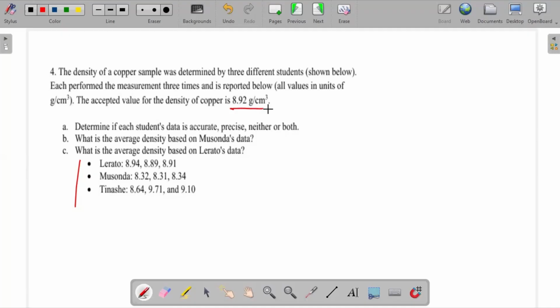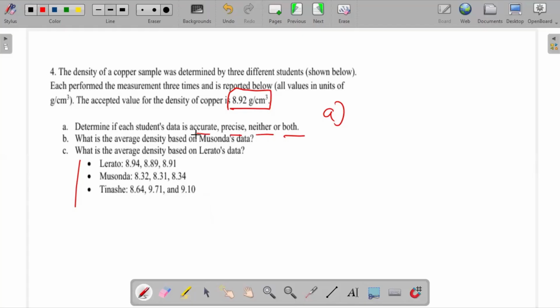So this is the accepted value, the value that I was talking about, the true value, the one that we'll be comparing. Okay, so now let's answer our question. Let's start with the first part. Part A, determine if each student's data is accurate, precise, neither or both. So for each, let's start with Lilato.